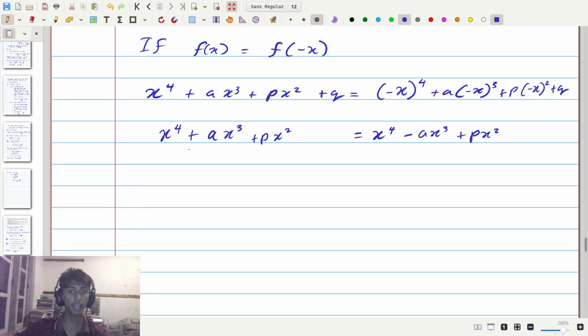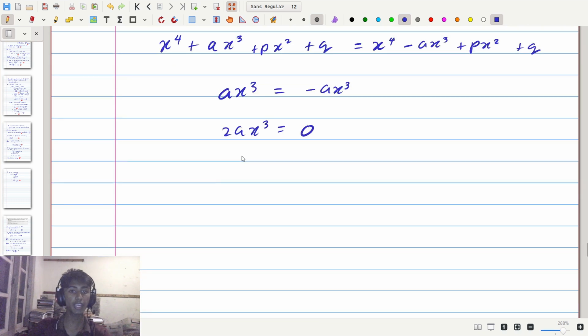Now the term after that is plus q, and this term is plus q, and we can see x to the power of 4 is equal to x to the power of 4, px squared is equal to px squared, and q is equal to q, leaving us with just the last terms remaining, ax cubed being equal to minus ax cubed. Now rearranging, we have 2ax cubed being equal to 0.